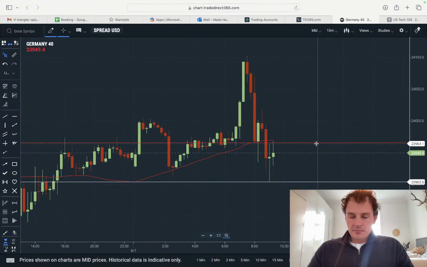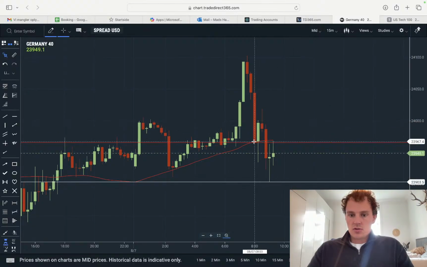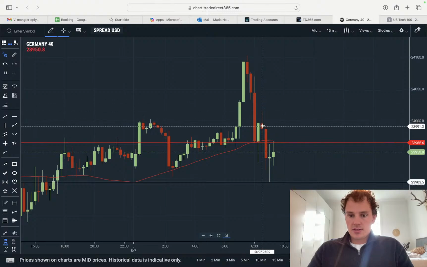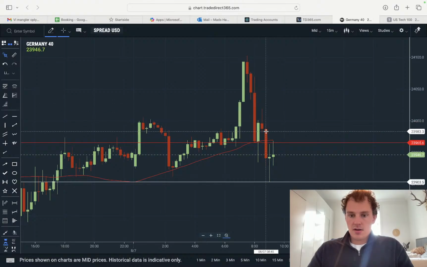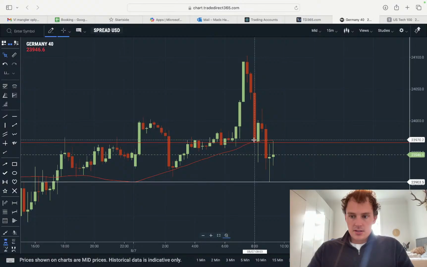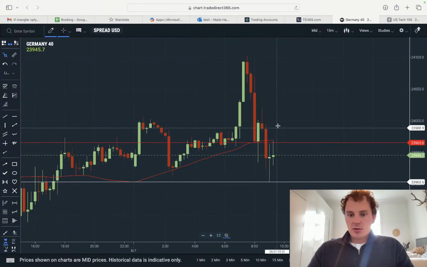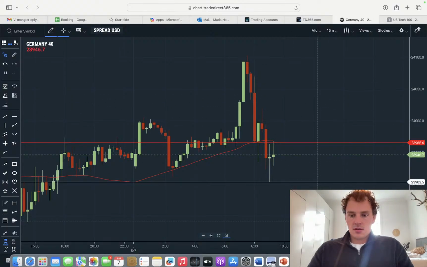But if it closes above 66 and it rallies to 24,000 and the candle managed to close above, this is not closing above, this is not closing above, this is not closing above, this is closing below 24,000, right? And also here, but if it manages to close above and then a new candle comes in, I go long. Same over here.